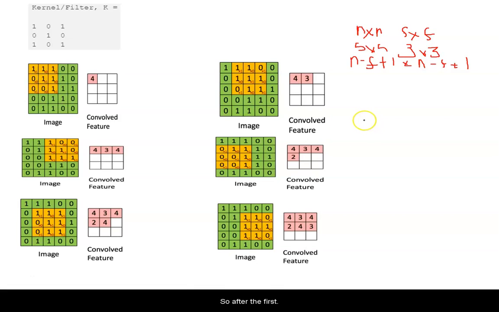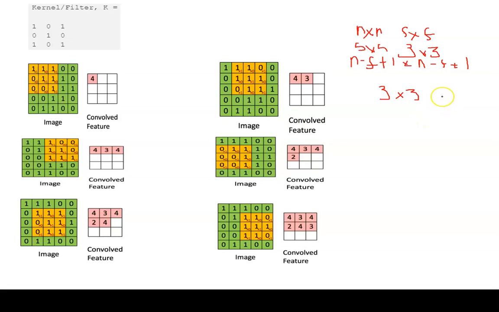So after the first convolutional operation, your image shrinks to say 3 cross 3.